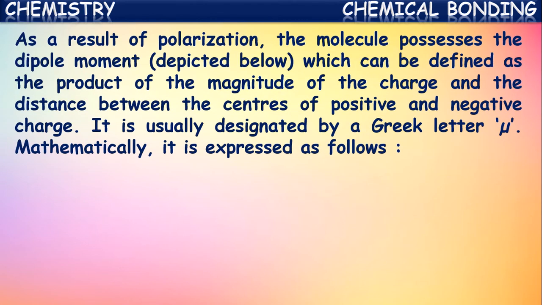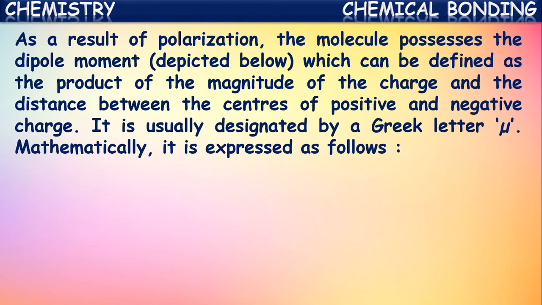As a result of this polarization, meaning the movement of the pair of electrons towards one of the atoms, what happens then? One of the atoms gets a slightly negative charge, the other one gets a slightly positive charge, because of the movement of the pair of electrons towards one of the atoms.